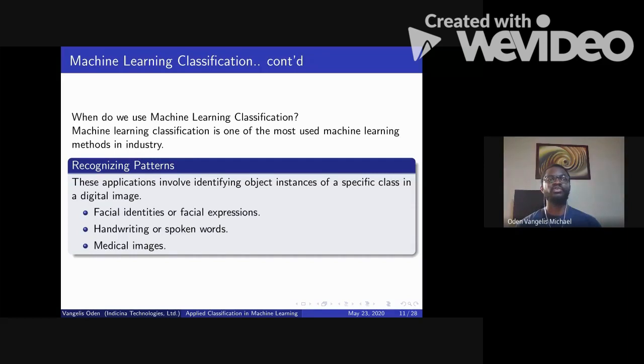You can use your mobile device today, just look at the screen and it can unlock itself. How does that happen? It's basically your system understanding that that's your face. And we have facial expression systems that now can tell what expression you have on your face. If you're sad, if you're happy, if you're just indifferent.